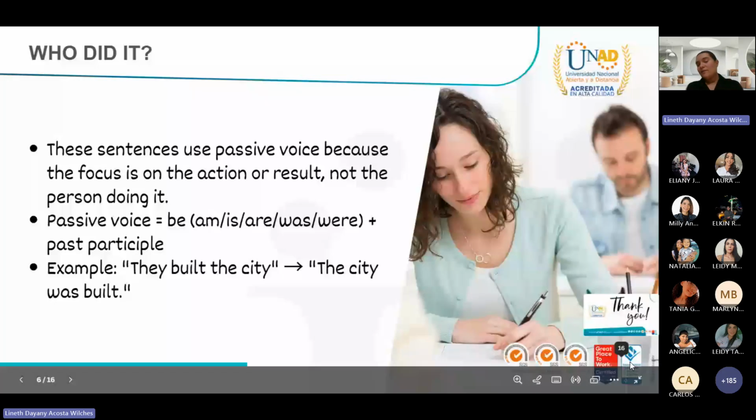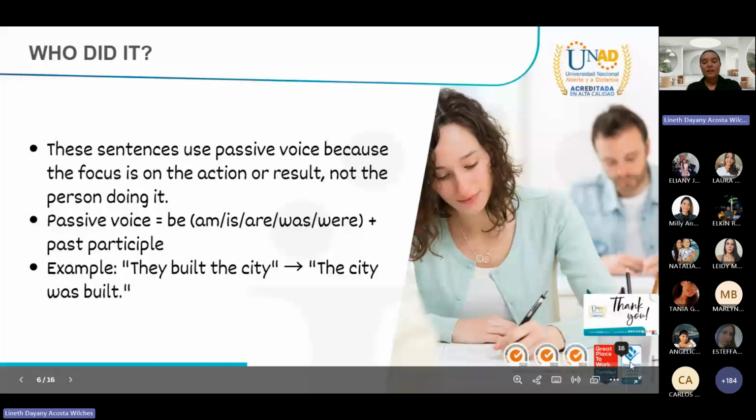The past participles are the third column of the verbs. Of course, with regular verbs, it is just the ed part. So there is an example here: they built the city. The city was built.